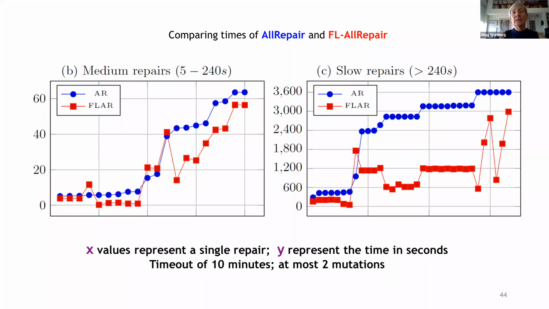On the other hand, let's look at the slow repairs, where AllRepair takes more than 240 seconds. And now we see that adding the fault localization gives us a lot of gain. In particular, we have 6 cases in which AllRepair timed out, where FL-AllRepair was successful in returning repairs.